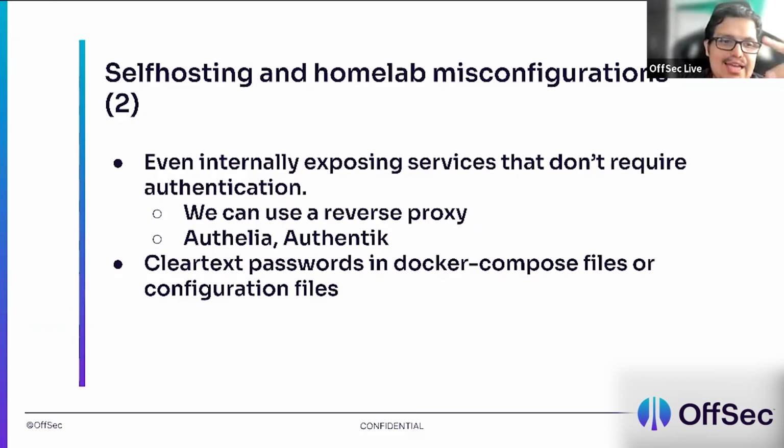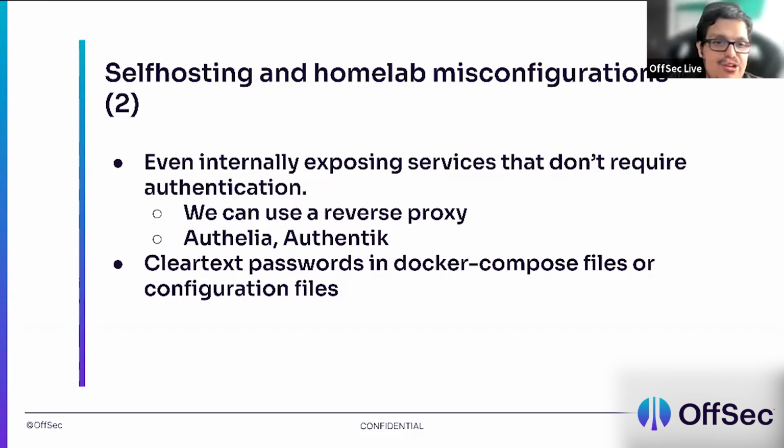We can also add caching in our reverse proxy. If we're serving static content, the reverse proxy can keep those static files so we don't have to ping the other end every time. And finally, one of the other uses of a reverse proxy is to add authentication.